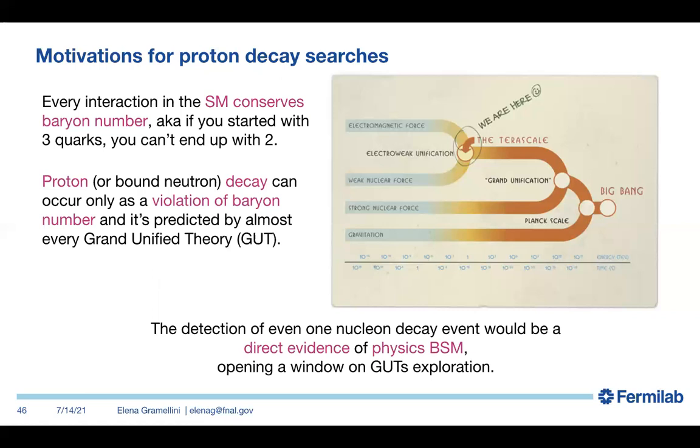There's nothing that tells you that this quantum number is actually conserved. So proton decay, or an oscillation, is a process that violates baryon number, and is predicted by almost every grand unified theory.